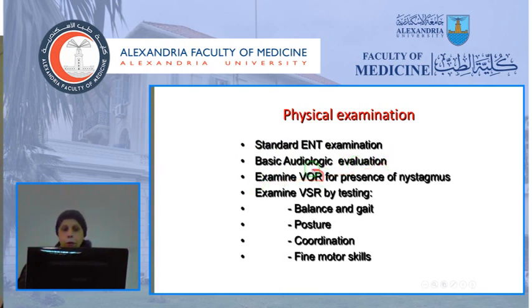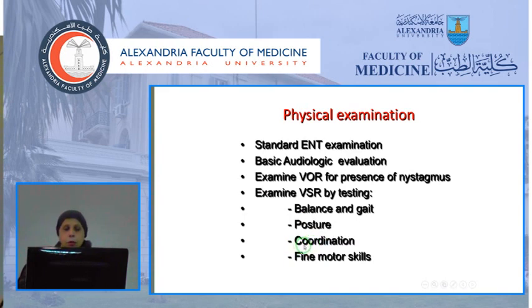Examine the vestibulo-ocular reflex for the presence of what we call nystagmus, and examine the vestibulospinal reflex by testing the balance and gait, the posture, the coordination, and fine motor skill. If we start with the vestibulospinal reflex testing, when you see the patient coming in, what you see is his upright balance, his gait, his equilibrium, his posture, is it upright or is he supported by other people, his coordination in terms of the cerebellar input, is it okay or not.